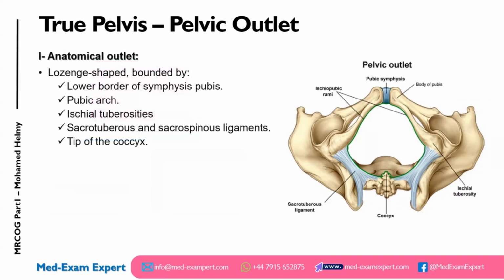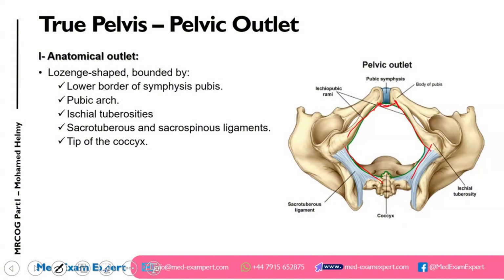The anatomical outlet is this diamond or lozenge shaped outlet at the lower part of the pelvis. Actually, these are the same boundaries as the perineum. These are the structures surrounding the perineum, making what we call the anatomical outlet.